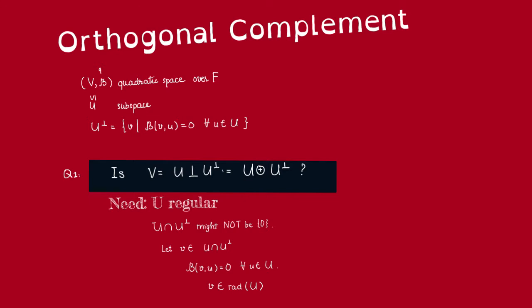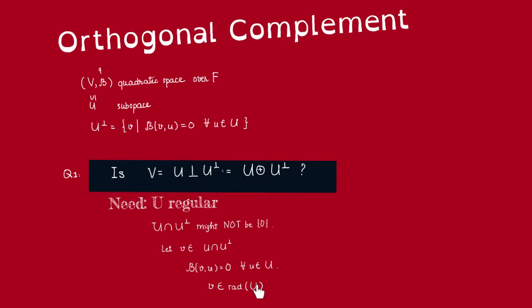A necessary condition is that U must be regular, and that was how we introduced regular spaces. So let's review why U must be regular. Well, for this to be a direct sum, we need this intersection to be 0, but this intersection might not be 0. When would it not be 0?